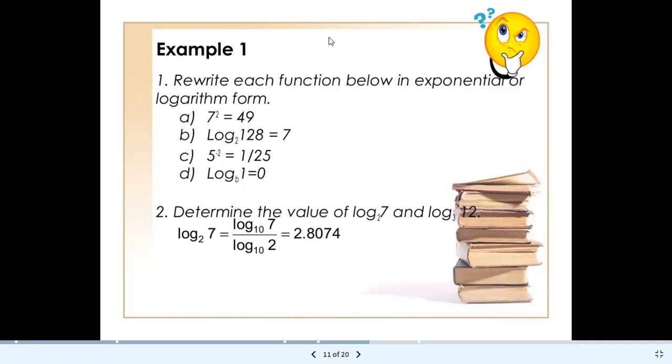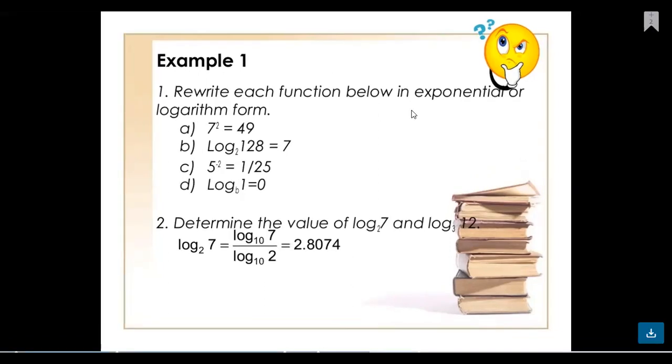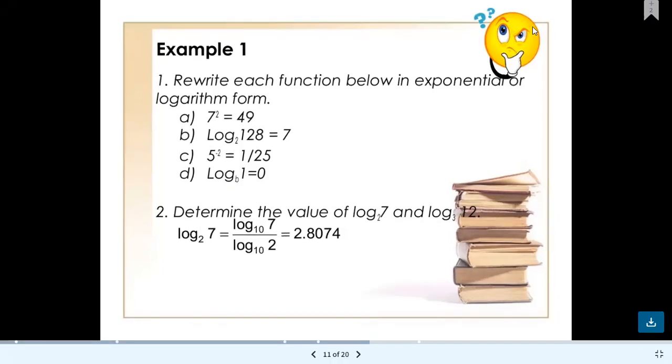Letter D. Let me know kung nag-same tayo ng sagot. Log base b of 1 is equal to 0. So, ang mangyayari niyan is magiging b raised to 0 is equal to 1. So, you can try din.